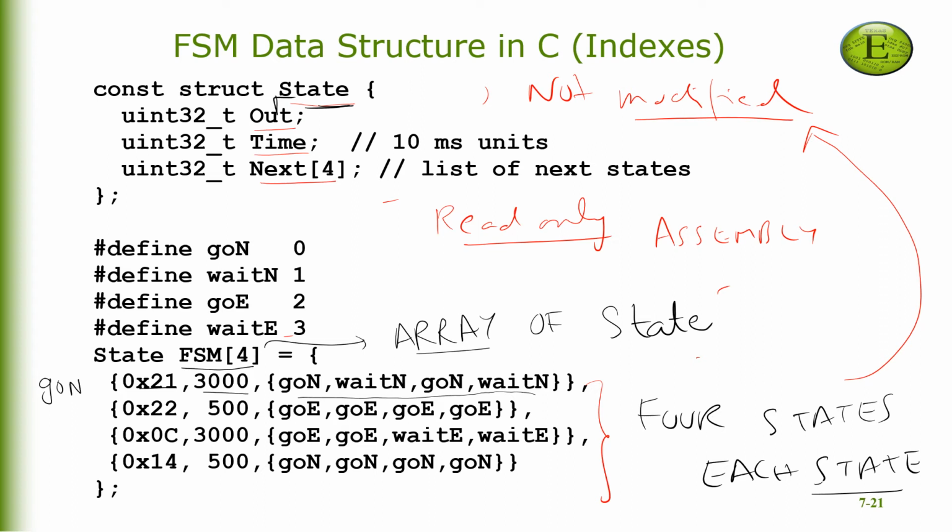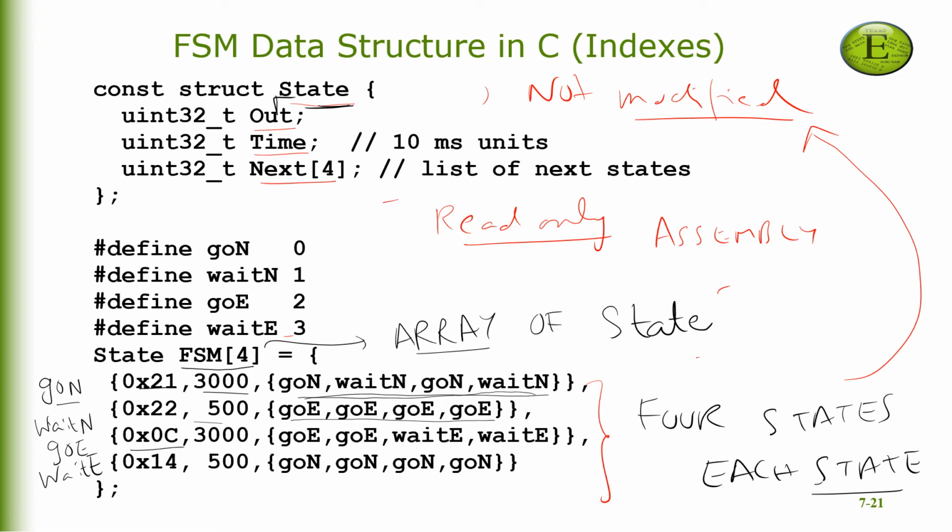And then the next state was wait N. Then the next one was GoE, and then wait E. So these GoN, wait N, GoE, wait E are the neighboring states, so states from where we can go after waiting in the state GoN. Again, consulting the table, we always go from wait N to GoE states in the same order.